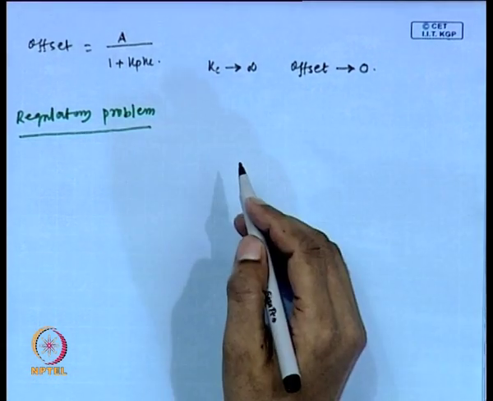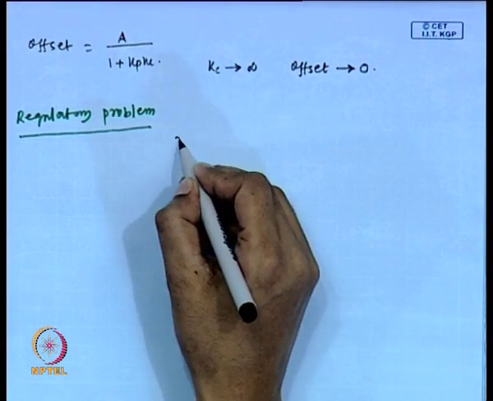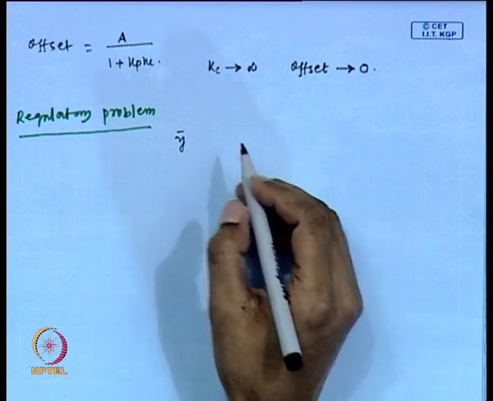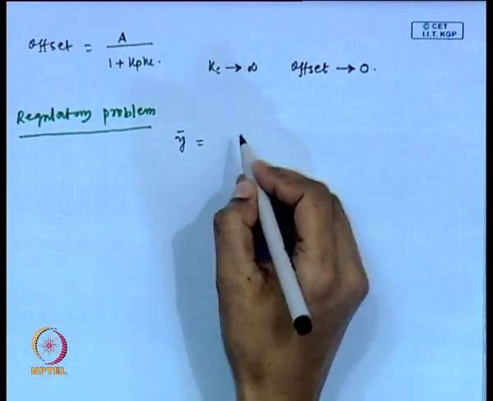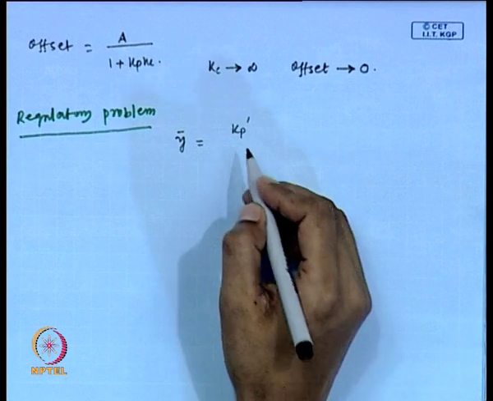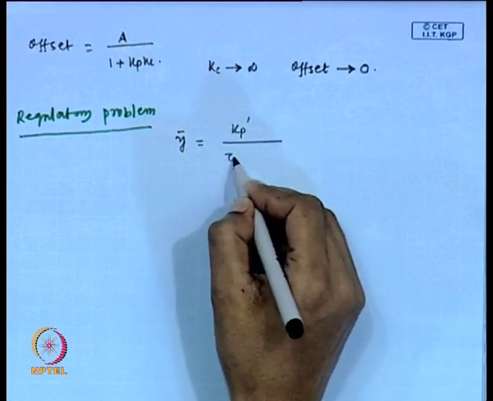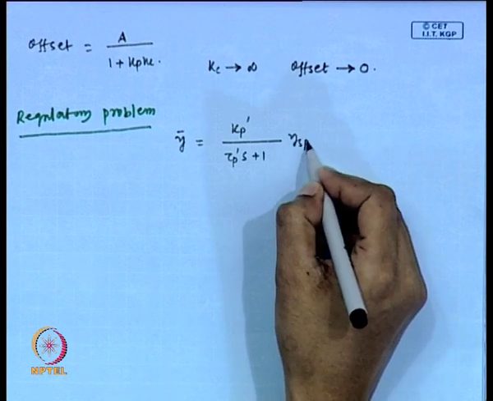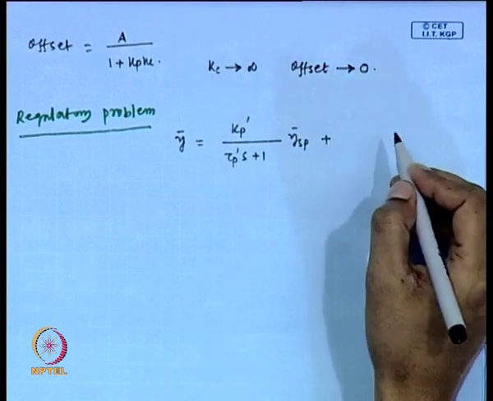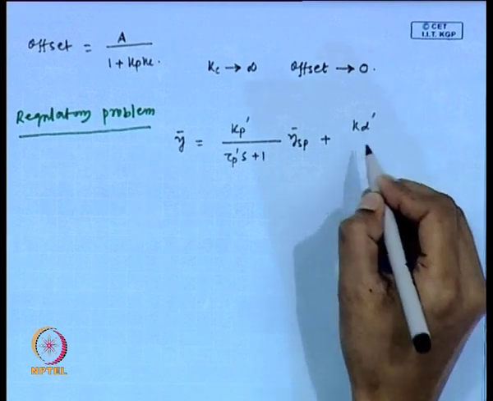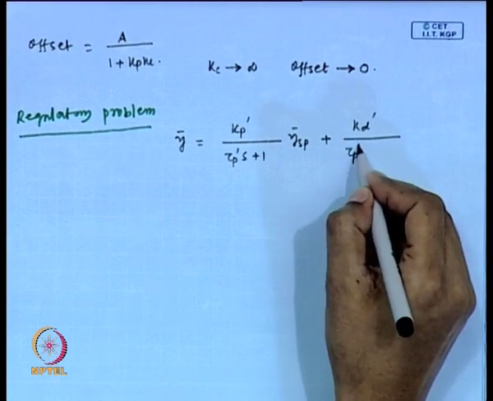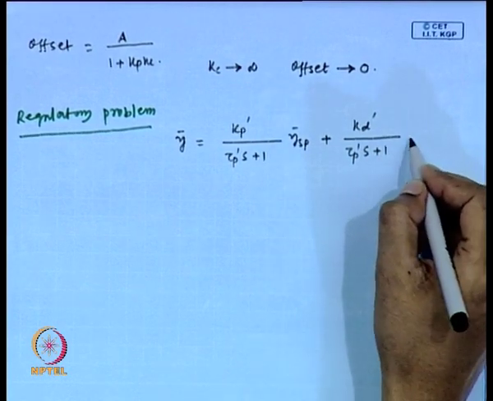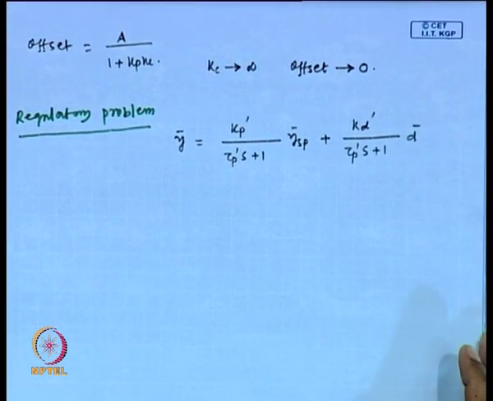So, our closed loop transfer function for the first order system under P only control is y bar equals Kp prime divided by tau p prime s plus 1 times y set point bar plus Kd prime divided by tau p prime s plus 1 times d bar. This is the closed loop transfer function for the first order system under P only control.